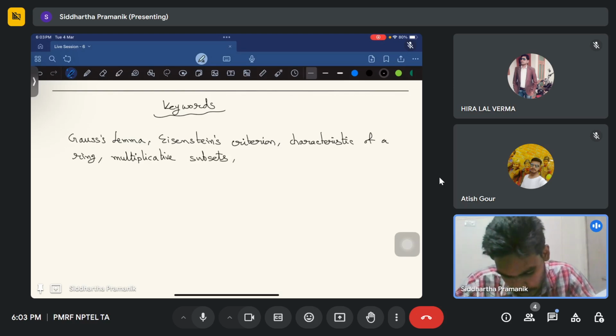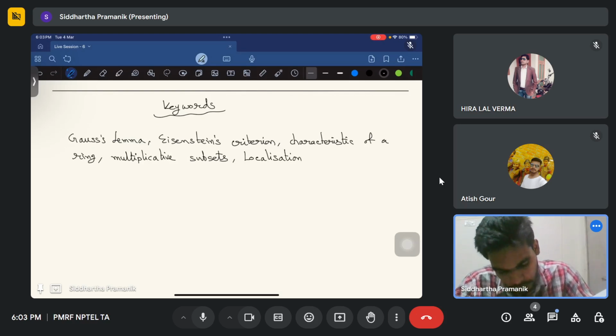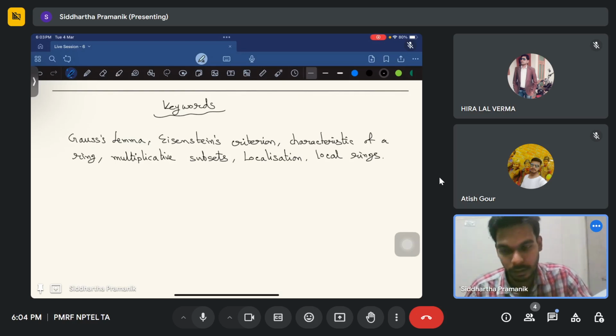And using this we have also done the localization, and in the end we have studied the local rings, which is an important concept. So these are the topics of week 6.